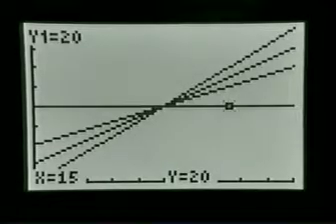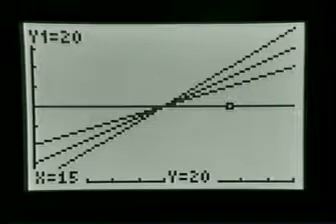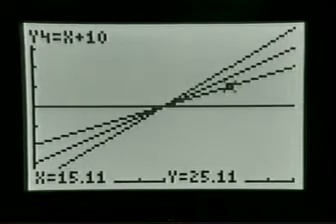The horizontal line is y equals 20. That is $20 per month, unlimited number of calls. The line above it is y equals x plus 10, and that is the line for the plan where you pay $1 per minute and you pay a $10 monthly charge.